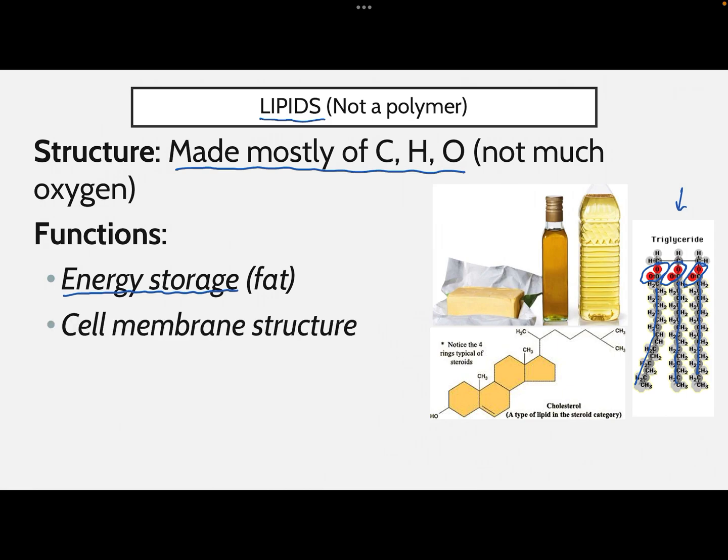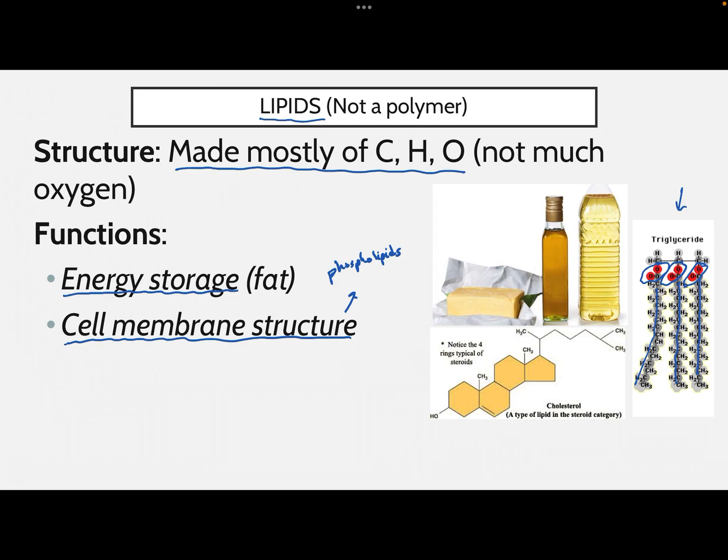They're also a critical part of the cell membrane. Most of the cell membrane is made up of a special kind of lipid called a phospholipid. Phospholipids are actually an exception to the CHO composition because they have some phosphorus in them as well. It's one of the most important parts of a phospholipid.